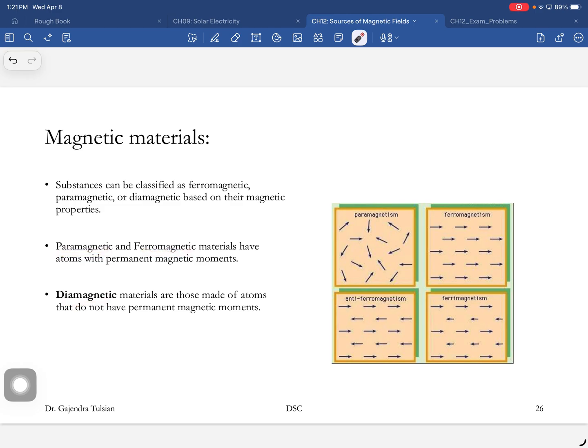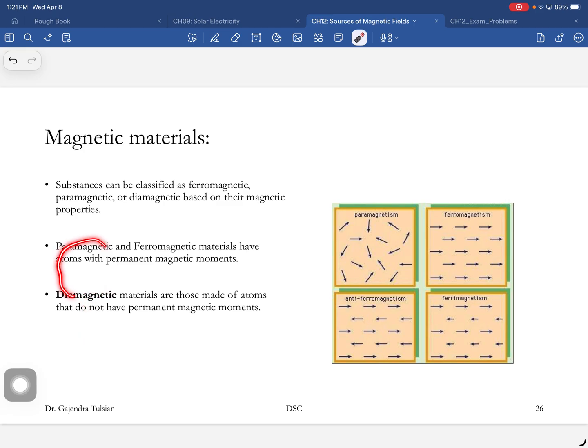In both paramagnetic and ferromagnetic materials, the atoms are magnetic, so we'll keep it simple. In a diamagnetic material, the atoms are not magnetic, but if you put them in a magnetic field, they acquire a magnetism in the opposite direction.